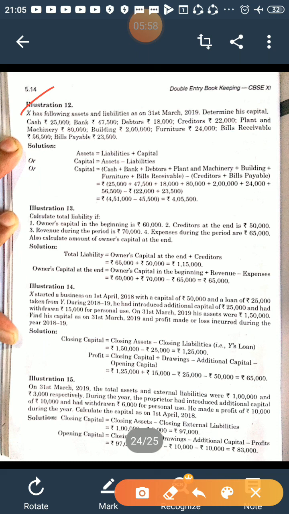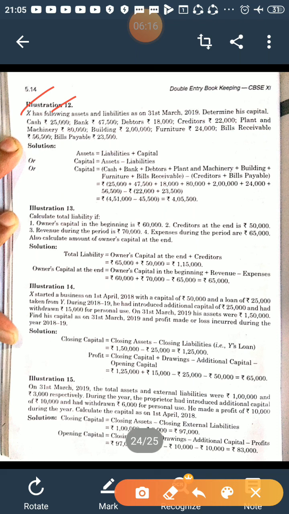Determine his capital. So assets equal liabilities plus capital, or capital equals assets minus liabilities. So you will choose all the assets.